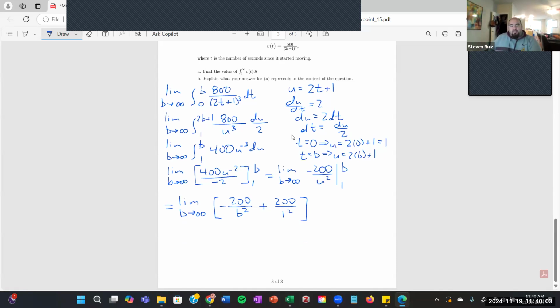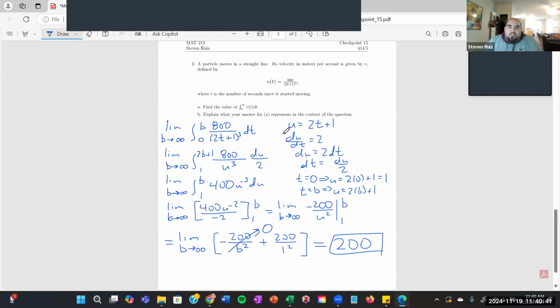We have a negative 200, a constant number, being divided by a very large number squared. So what's going to happen when you divide a constant by a number that's getting very, very large and also being squared, so becoming even larger? This is going to trend toward 0. So this first term is going to trend toward 0. This second term is a constant 200. So this gives me 200. So the value of this integral is 200.